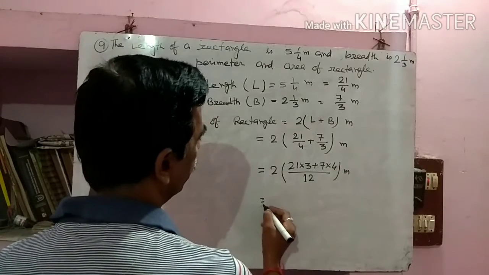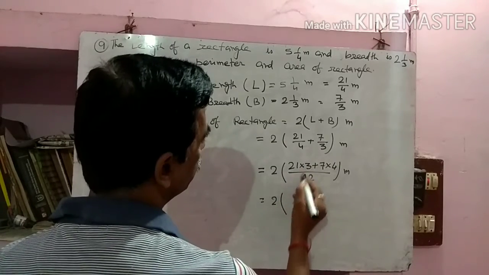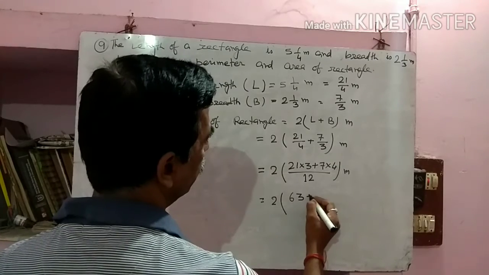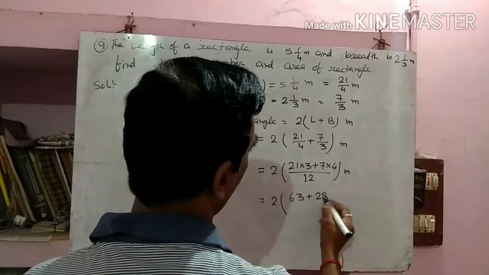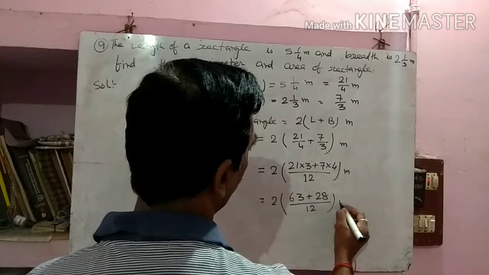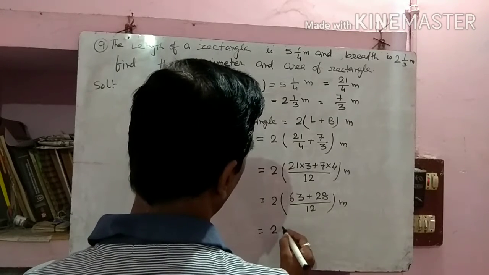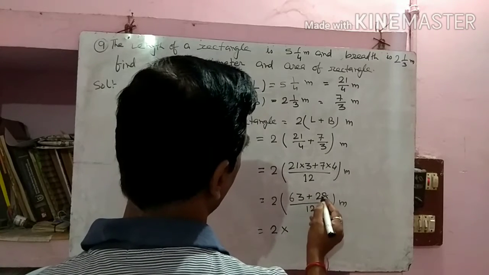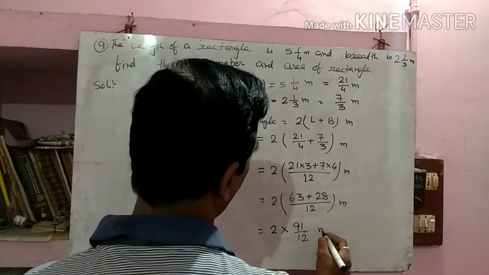And finally you will get 2 inside the bracket, this becomes 63, 21 times 3 is 63, and 7 times 4 is 28, by 12 meter, which is equal to 2 into 91 by 12 meter.